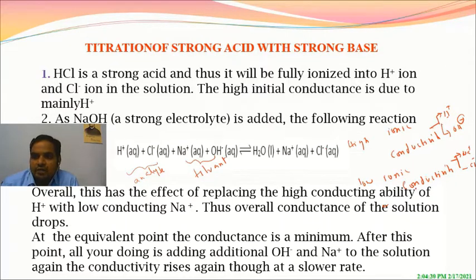Low ionic conductivity is due to two kinds of ions, that is Na+ and Cl- ions.